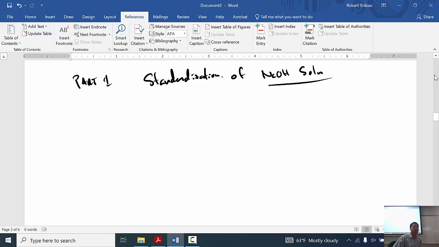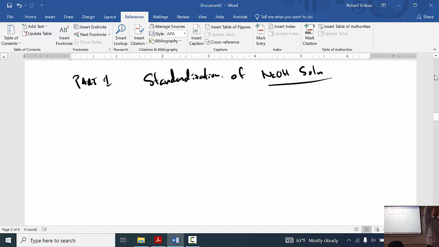How many sig figs do we know the sodium hydroxide solution to right now? Just 1 sig fig. We want to know the concentration of the sodium hydroxide solution to at least 4 sig figs. In part 1 of this experiment, that's exactly what we're going to do. This process is called standardization.